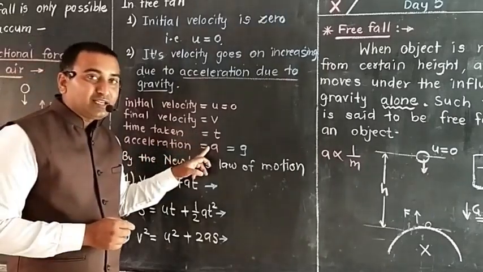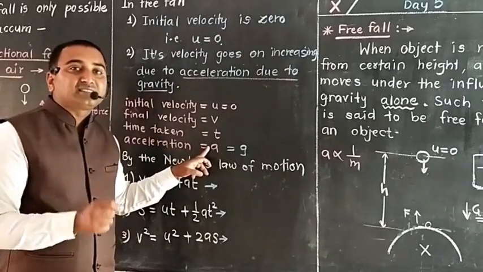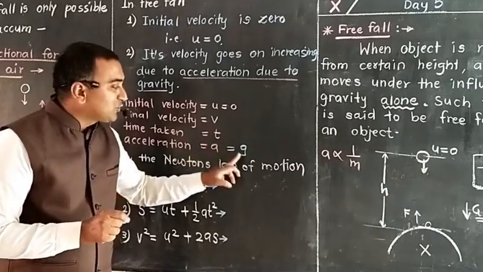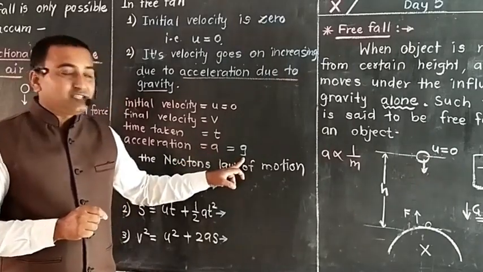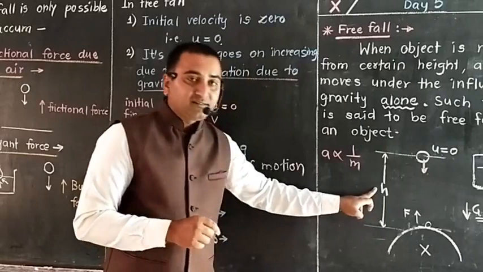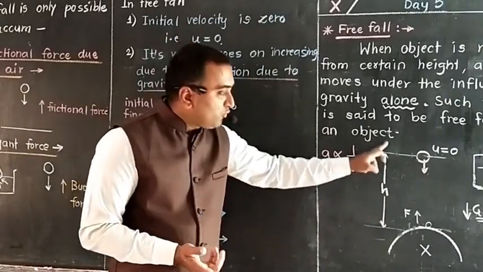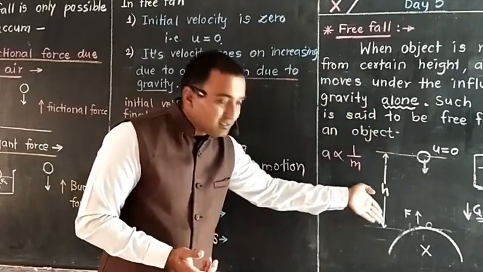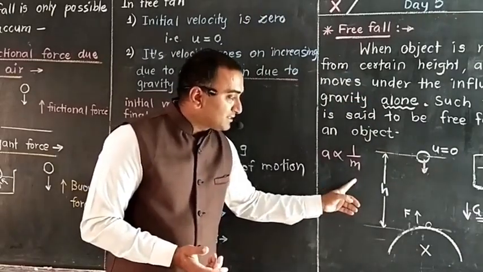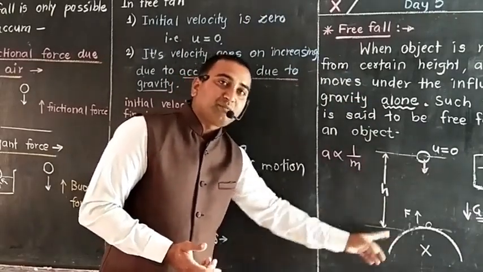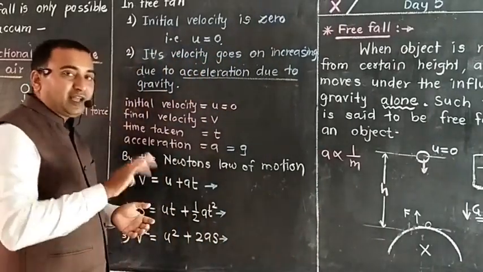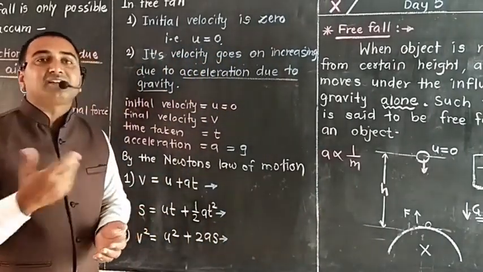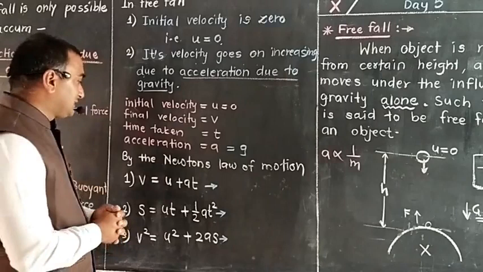Acceleration is actually a, but here we are discussing acceleration due to gravity, so we consider it as g. And height is the displacement. Whatever height the object has gained, the same height it will have as displacement. So here displacement s is equal to h.